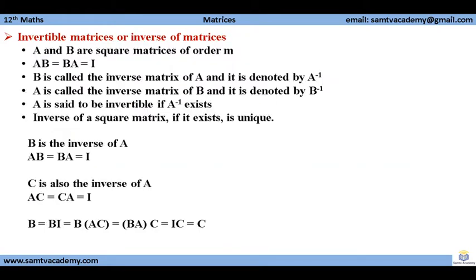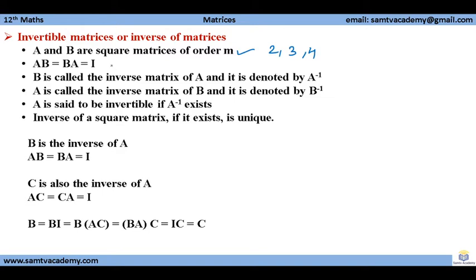Next, what is an invertible matrix, or the inverse of a matrix? For the inverse of a matrix, A and B should be square matrices of order m. M can be 2, 3, 4, any order, like a 2 by 2 matrix, 3 by 3 matrix, 4 by 4 matrix.